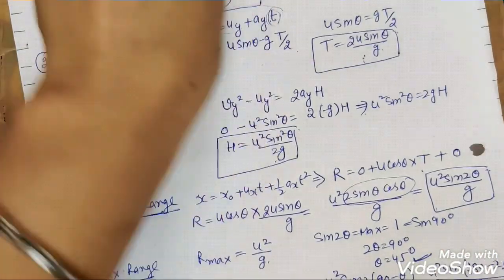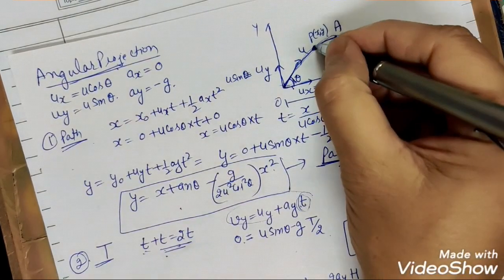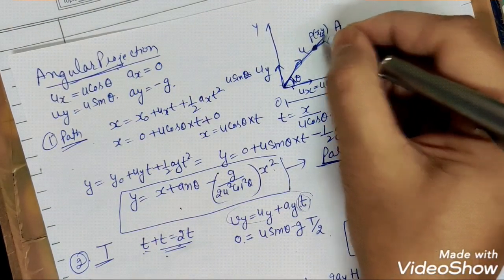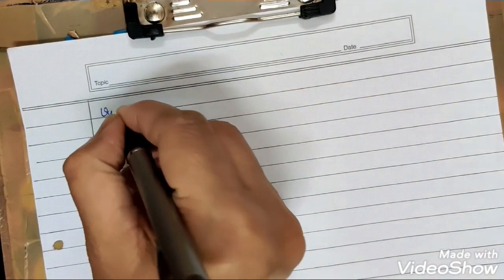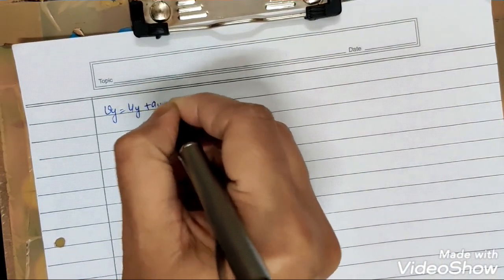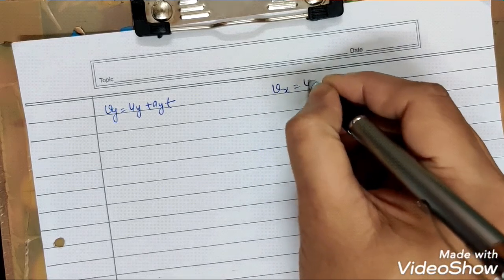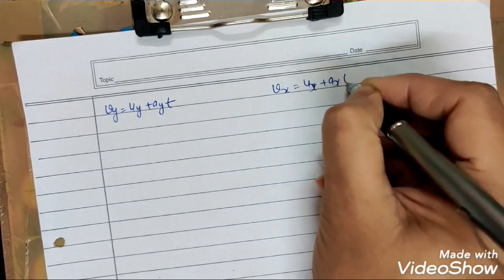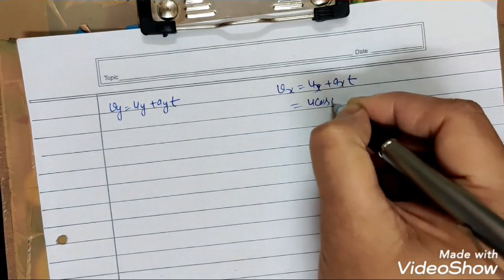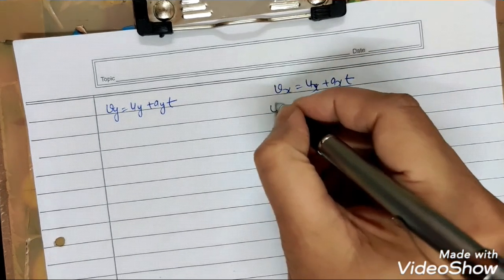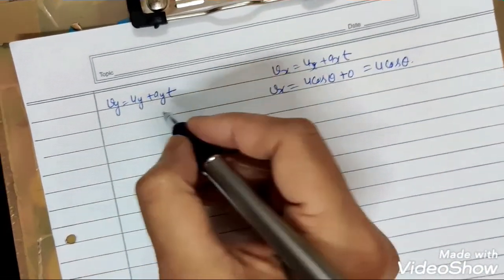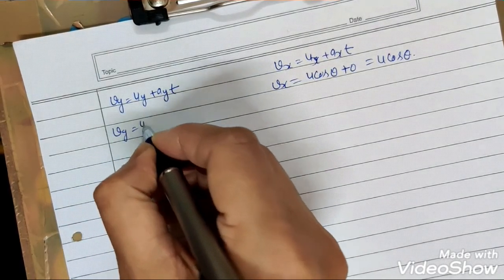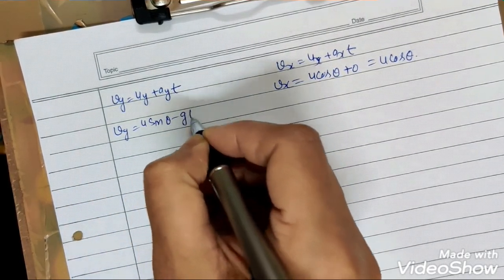And for the last term, we calculate the velocity here. Velocity is again with two components, that is vy equals uy plus ayt and vx equals ux plus axt. This is u cos theta plus 0, because we have considered the horizontal component remains the same, and vy is u sin theta minus gt.